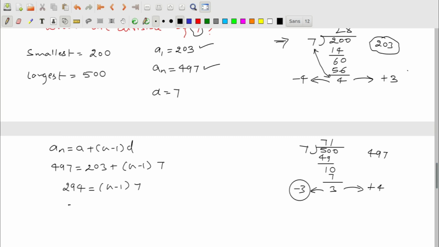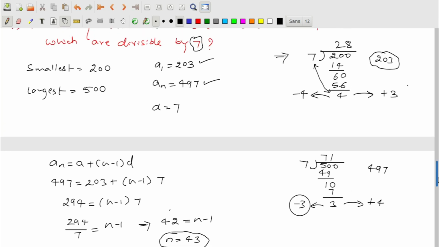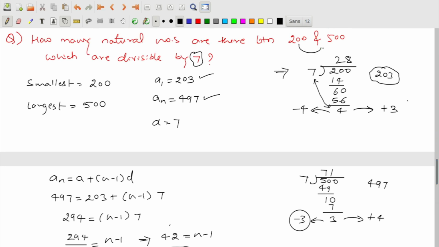Next, 294 divided by 7 is equal to n minus 1, and 294 divided by 7 will give 42 is equal to n minus 1. Take this minus 1 across, then n is equal to 43, right? So there are 43 terms between 200 and 500 which are divisible by 7.